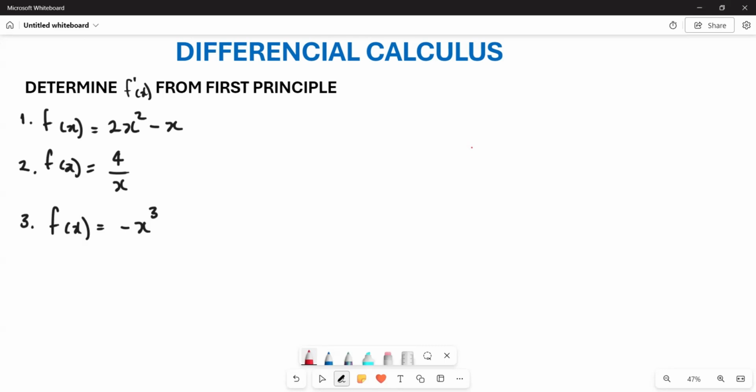Let's look at these three particular examples and see how we can determine the first derivative from first principles.